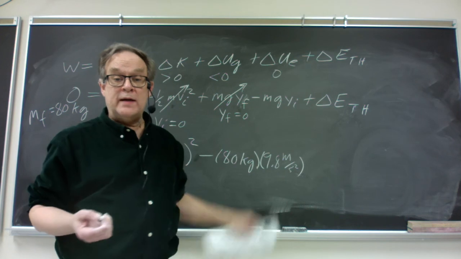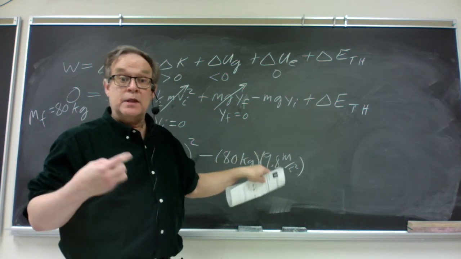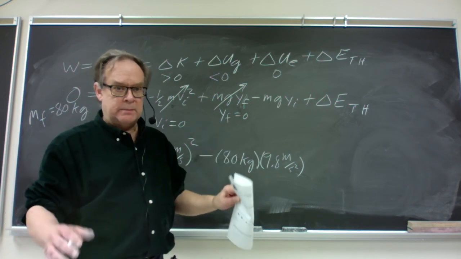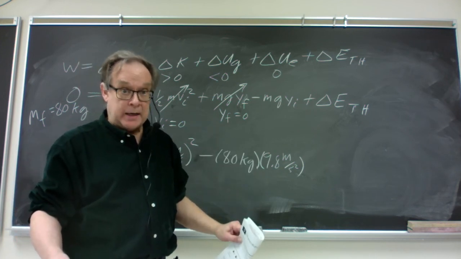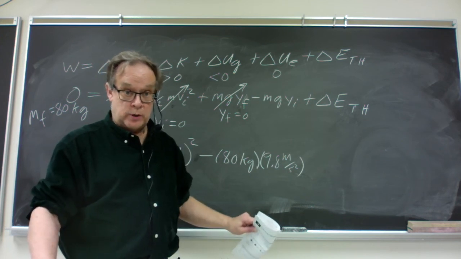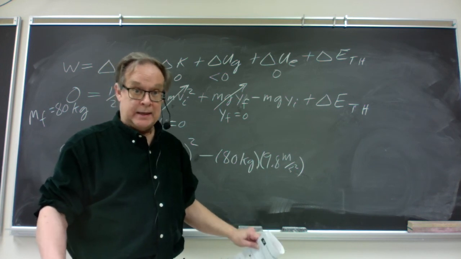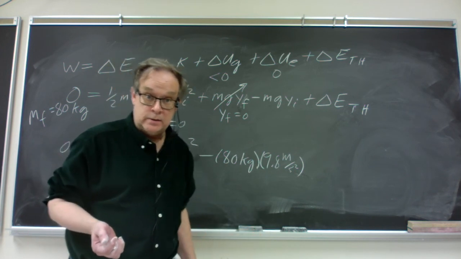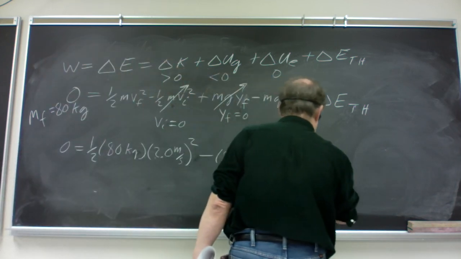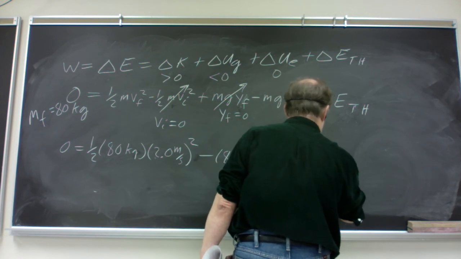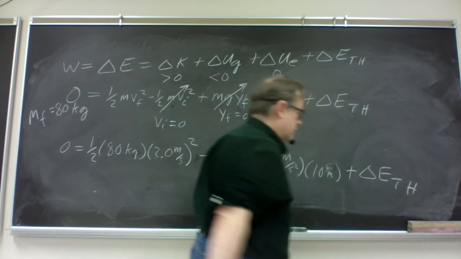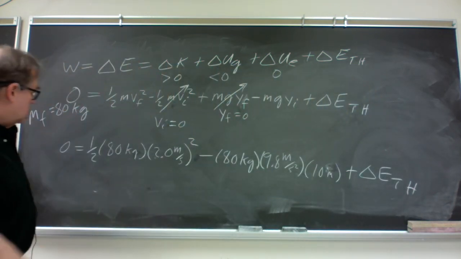Don't ever write minus 9.8. G, the symbol G, means the magnitude of the gravitational acceleration. So nothing to do with direction. The magnitude is just plain 9.8 meters per second squared, times the elevation, which was 10 meters. Plus thermal energy change.